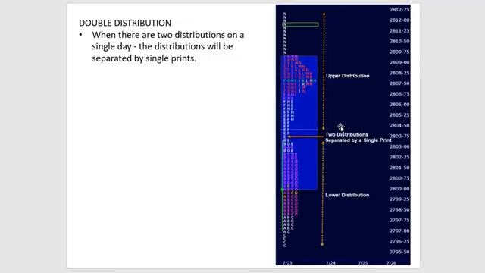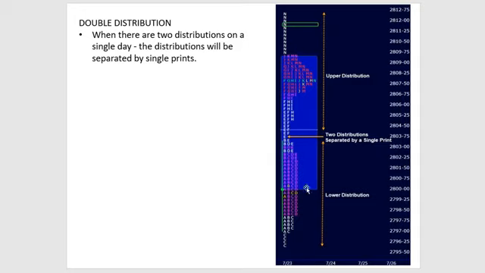Okay, before we move on, sometimes you get a double distribution. A double distribution is when the market is trading in one distribution, as it is down here in the lower distribution, and then something comes along and change is ushered in, and the market wraps up to the upside and forms a second distribution.